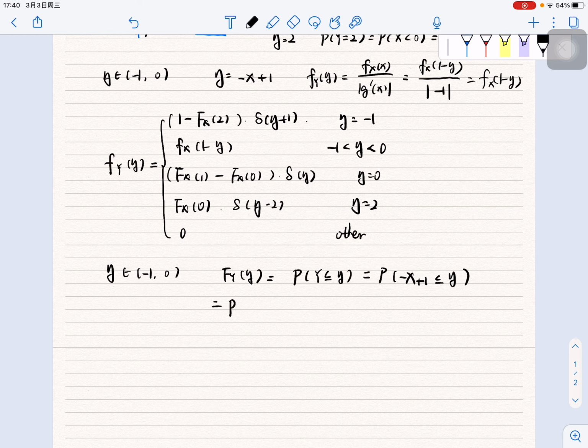That is the probability x is larger than 1 minus y, which equals 1 minus the probability x is less than 1 minus y, and it equals 1 minus Fx(1 minus y).